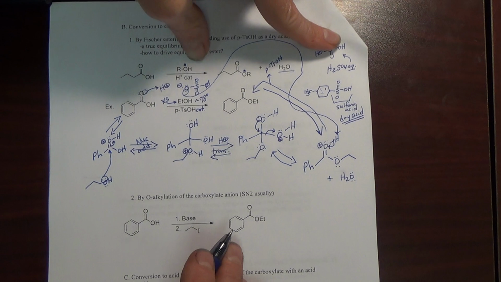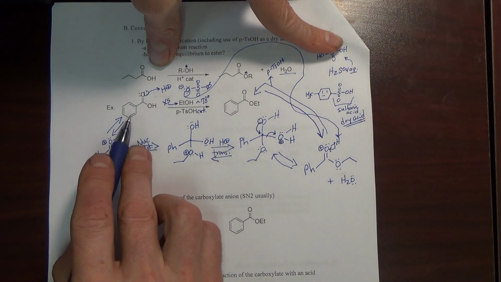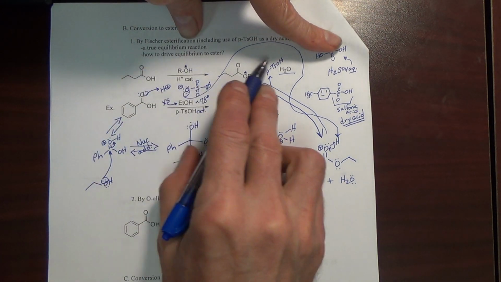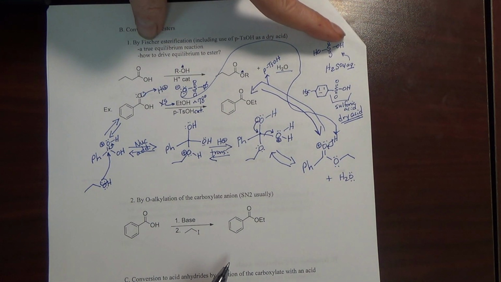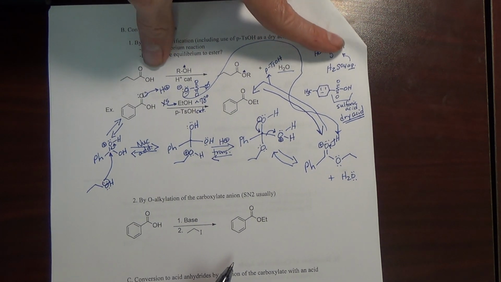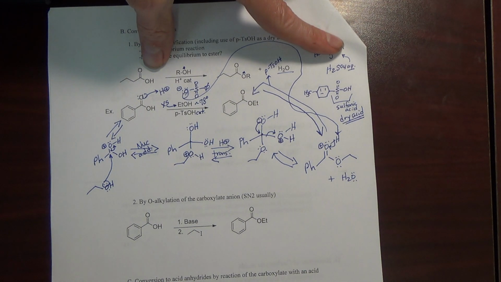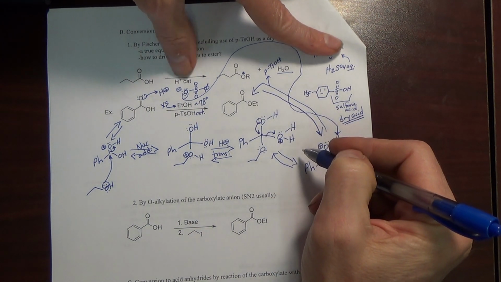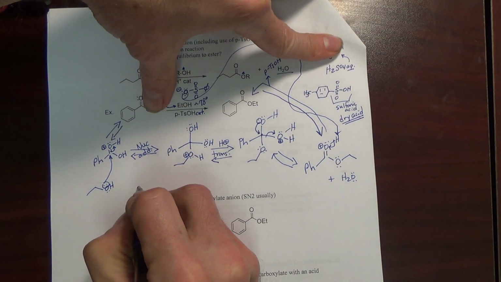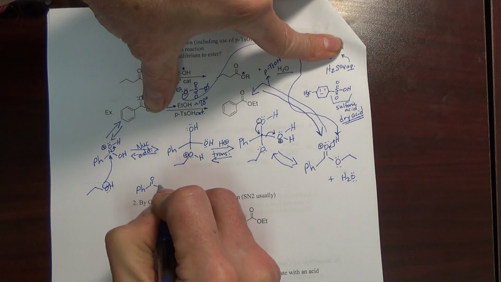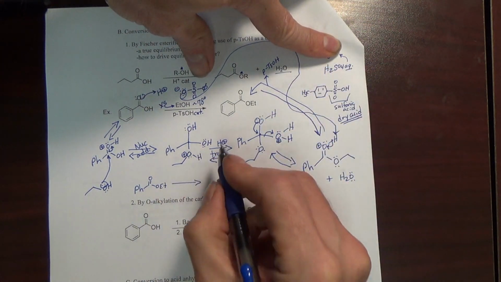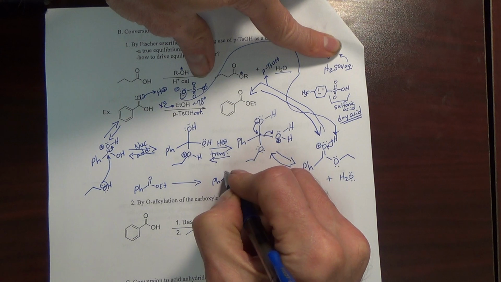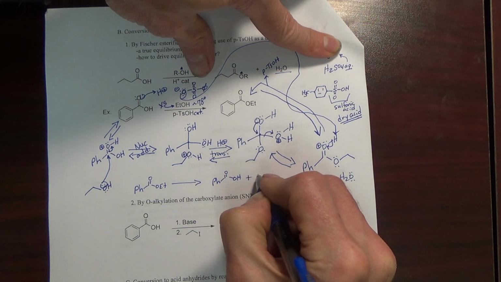Now, that is converting a carboxylic acid to an ester by a Fischer esterification. Fischer we've seen before, like Fischer projections. All right. Now the reverse, which we talked about, is also a reaction. The reverse would be taking an ester and converting it back to the carboxylic acid plus ethanol.